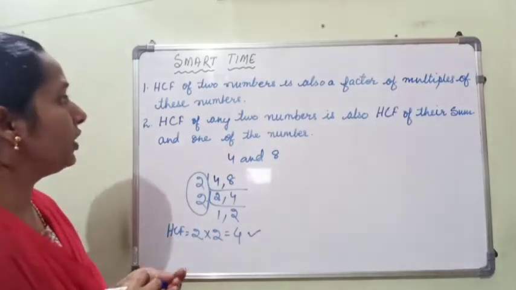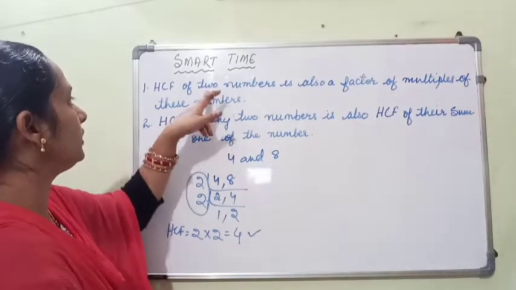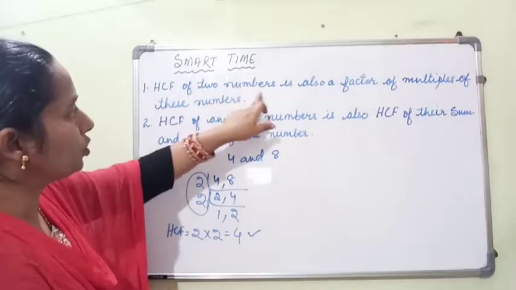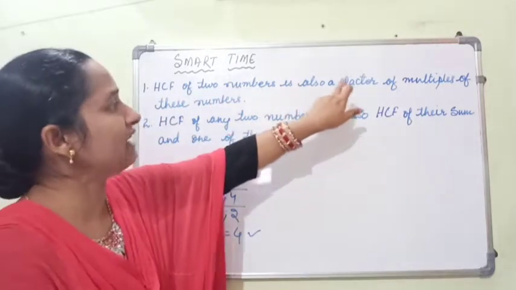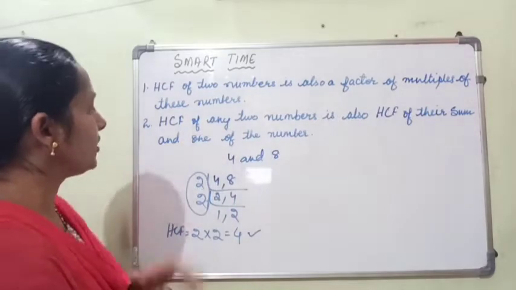Now what is given in the first fact? HCF of two numbers is also a factor of multiples of these numbers.